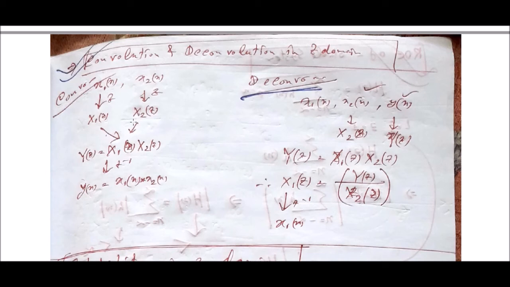After that, instead of having the convolution in the time domain, just multiply them in the Z domain, X1(z) and X2(z). After multiplying, you will obtain Y(z), and the inverse Z transform of this Y(z) will be nothing but the convolution of these two signals as per the convolution theorem.